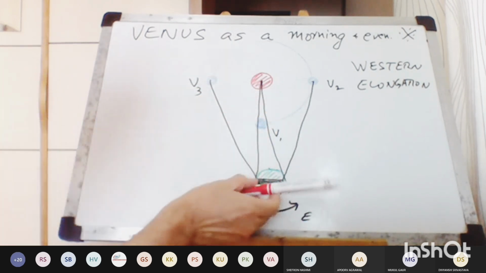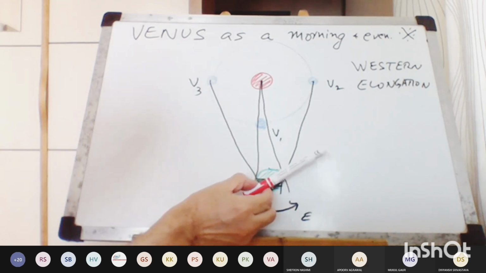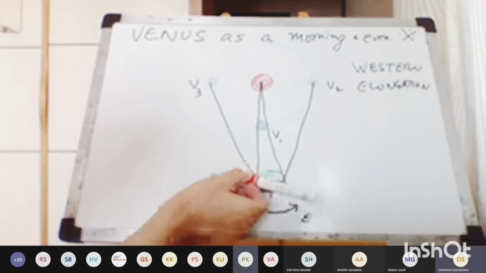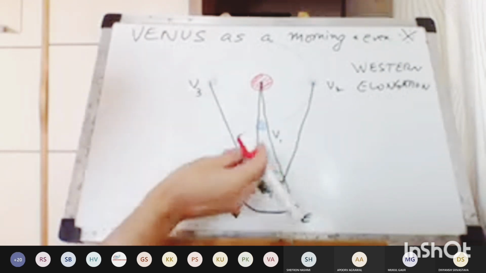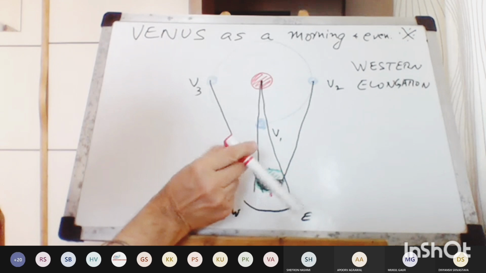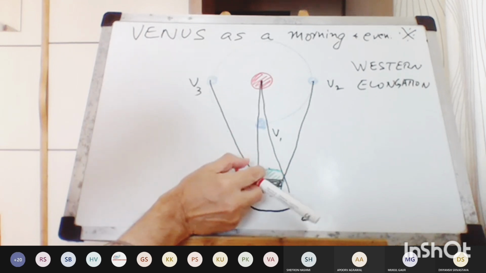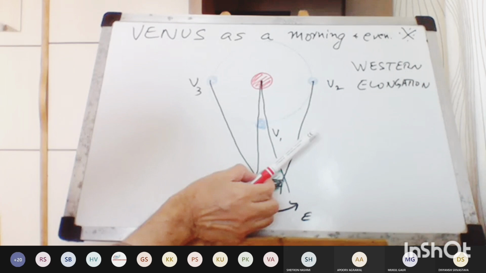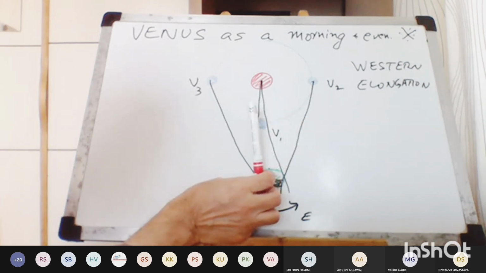What will he see first? Venus or the Sun? Venus, sir. Venus. Very good. So to an observer on the Earth in the morning, he will see Venus first and then he will see the Sun. Correct?